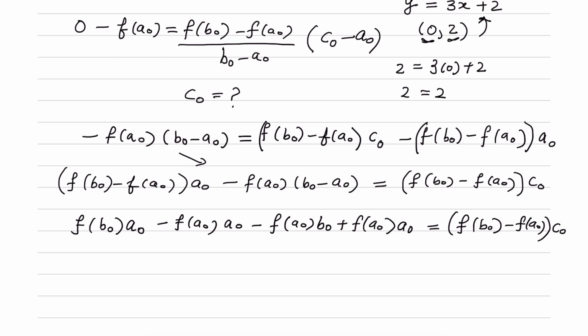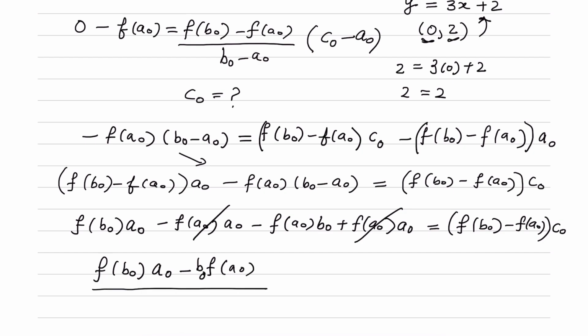Now look at the left hand side: minus f of a naught into a naught, and then there is a term plus f of a naught a naught. These two terms cancel out each other. So on the left hand side we have f of b naught into a naught minus f of a naught into b naught. From the other side we do cross multiplication and have f of b naught minus f of a naught in the denominator.